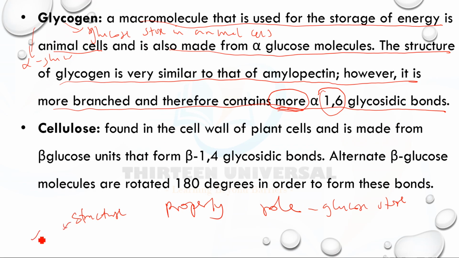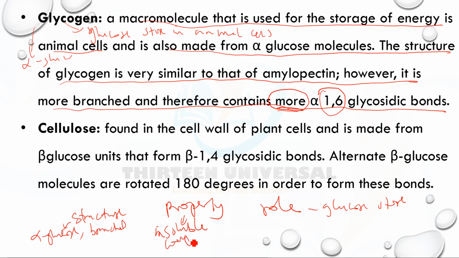It is made up of alpha glucose. It's highly branched. But if you check the property, of course, like starch, it is insoluble, so it does not affect the osmotic property of the cell.